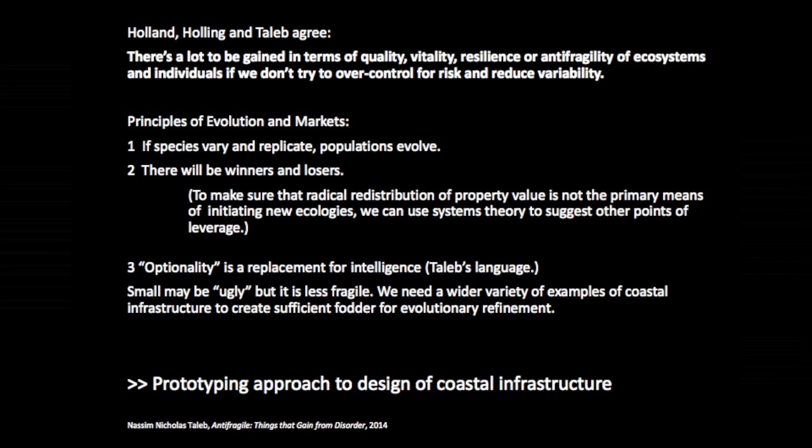And all of those schools of thought agree that there's so much to be gained in terms of quality, vitality, resilience, or anti-fragility of ecosystems and individuals if we don't over-control for risk and try to reduce all the variability.